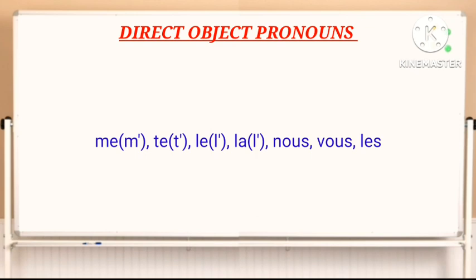So the direct object pronoun for je is me. For tu is te, il, le, elle, la, nous, vous, il ou elle, les.